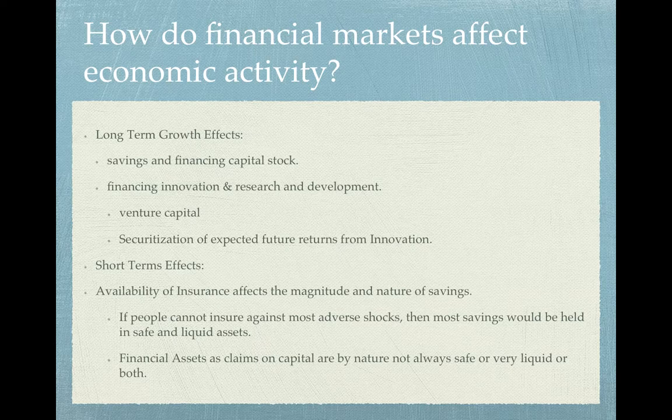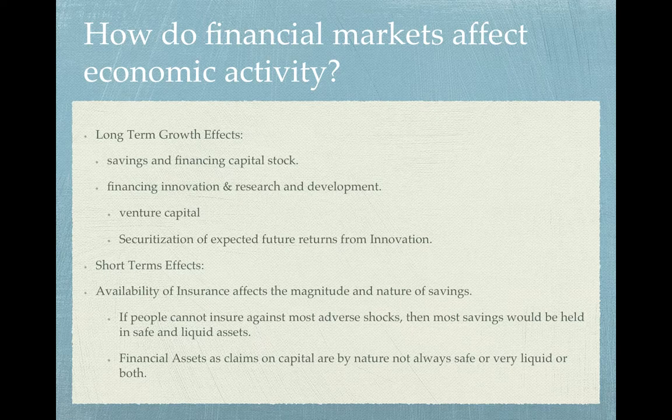But it also matters in what way I'm going to keep the savings. If there is no insurance available and savings are basically precautionary savings, then I would like to keep them as liquid as possible. So something which is easily convertible into money at any time could be a way to go.